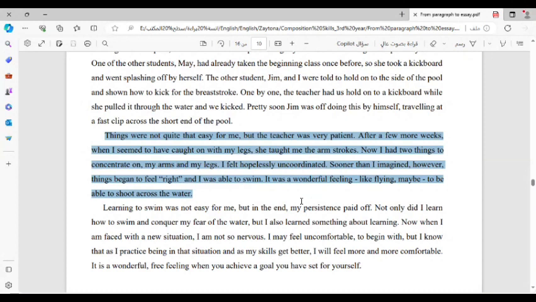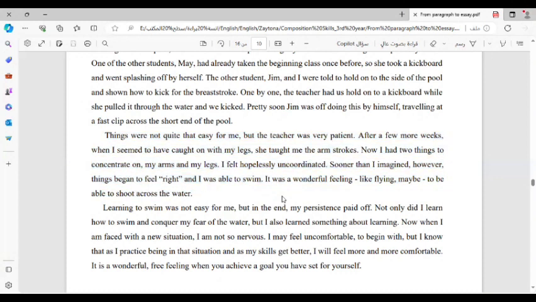I felt hopelessly uncoordinated, but sooner than I imagined, things began to feel right, and I was able to swim. It was a wonderful feeling, like flying, able to shoot across the water. Yes, thank you.